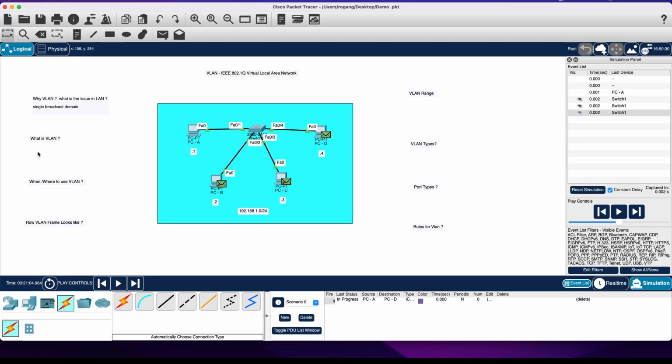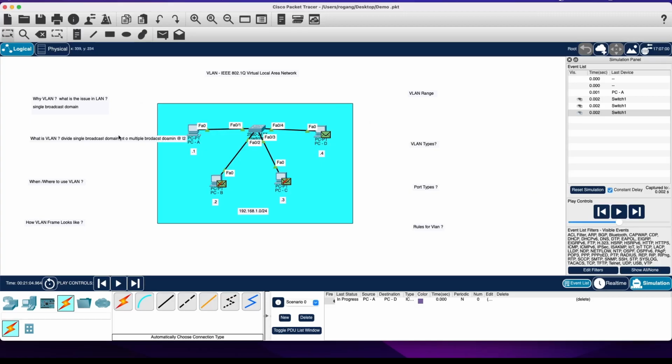So VLAN is nothing but a virtual local area network which is going to divide a single broadcast domain into multiple broadcast domains at layer 2. I repeat that again. Let me just write it down so that you'll have an idea. Divide single broadcast domain into multiple broadcast domains at layer 2.